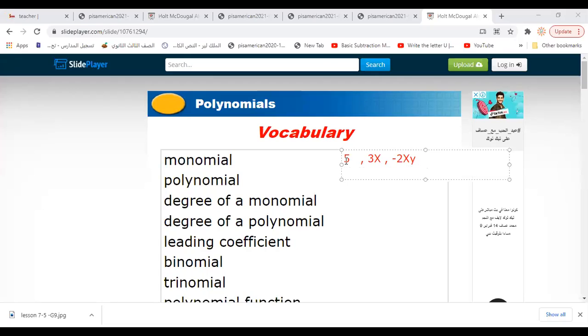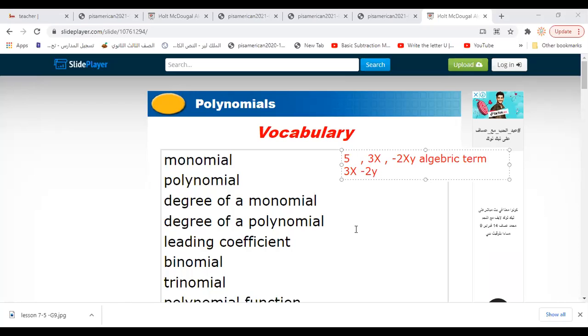But if you connect algebraic terms by plus or minus, like 3x minus 2y, this is called what? Expression. Yes, thank you.